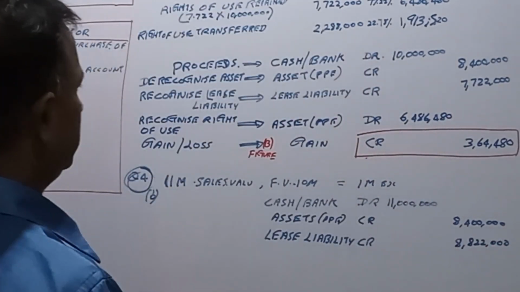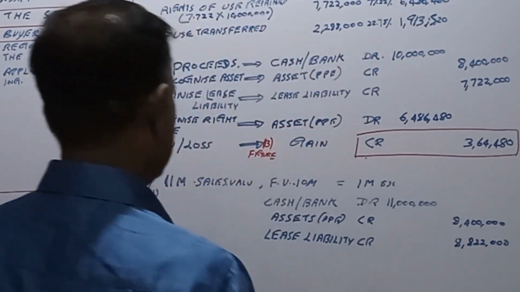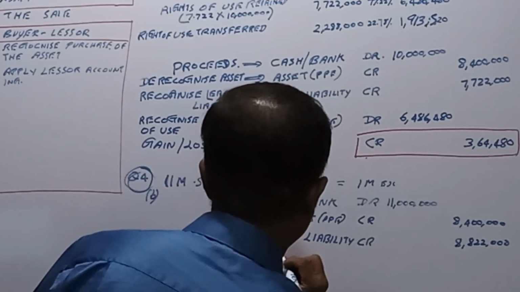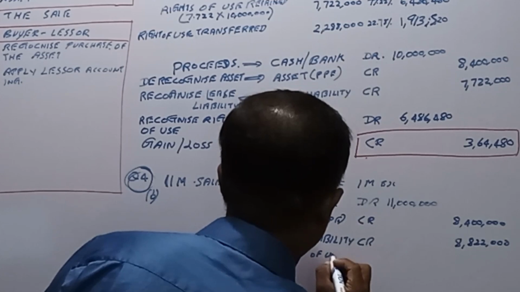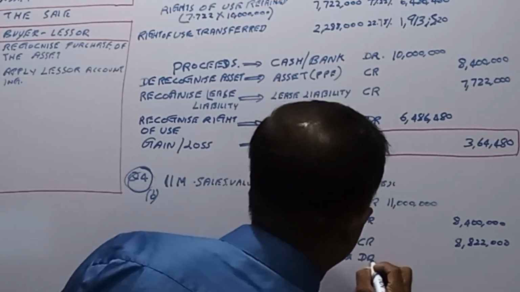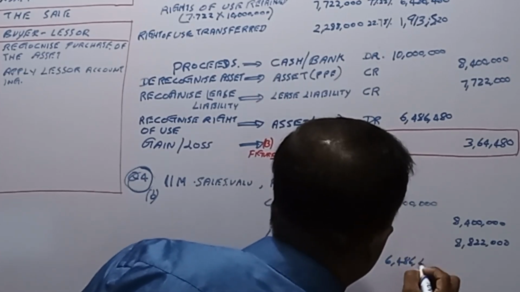Then recognize the right of use asset. The right of use asset is debited, the same 6,486,480.